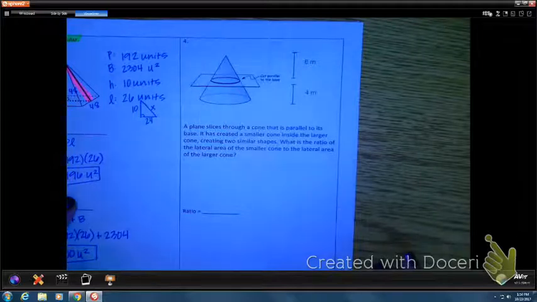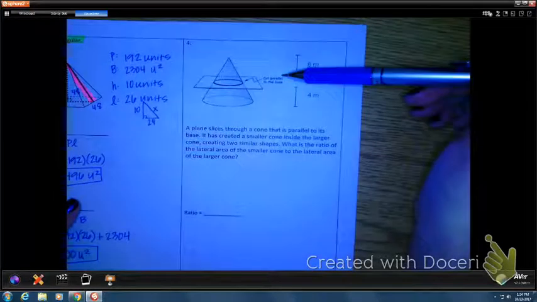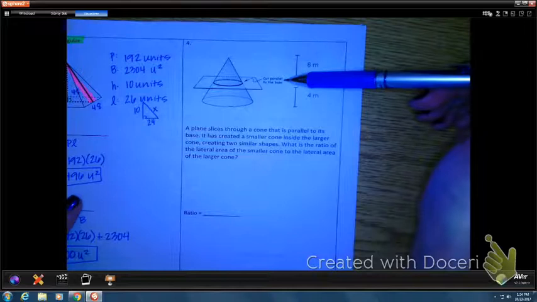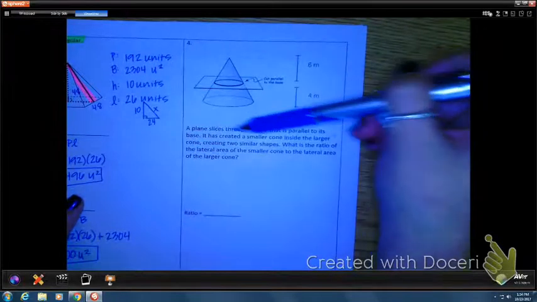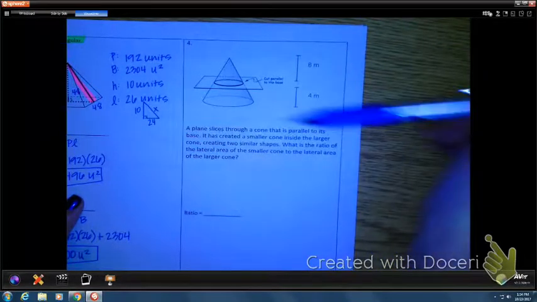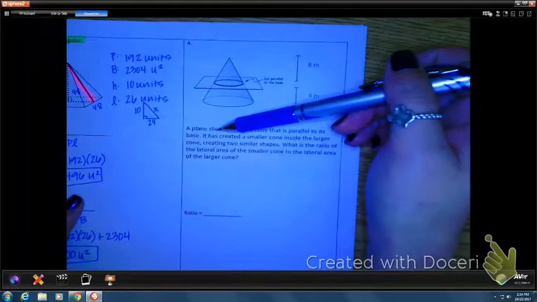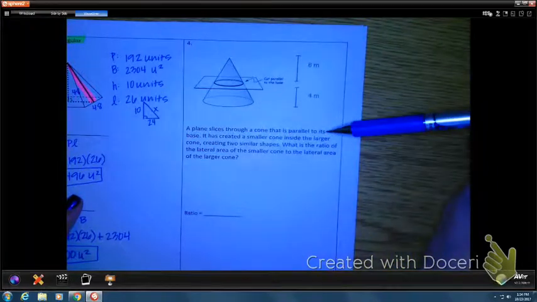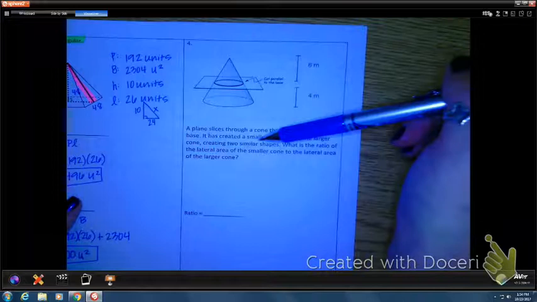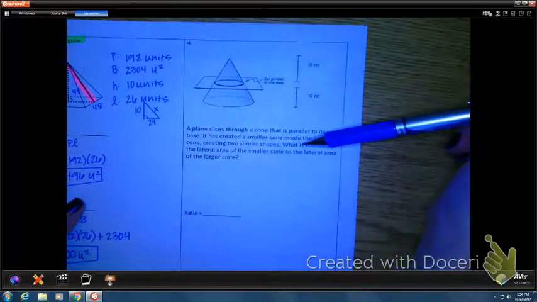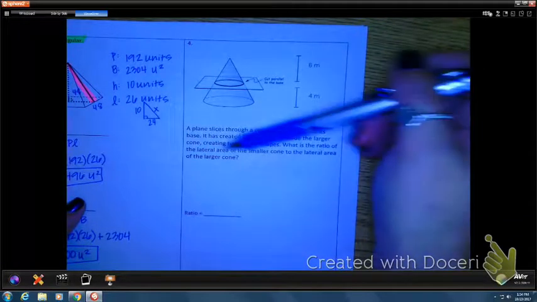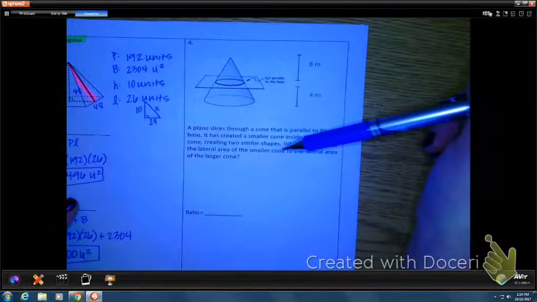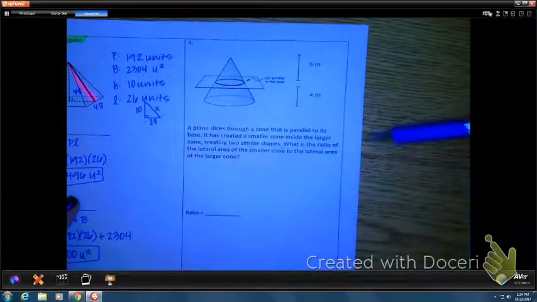It talks about a cone being cut parallel to the base. A plane slices through a cone that is parallel to its base. It has created a smaller cone inside the larger cone, creating two similar shapes. What is the ratio of the lateral area of the smaller cone to the lateral area of the larger cone?